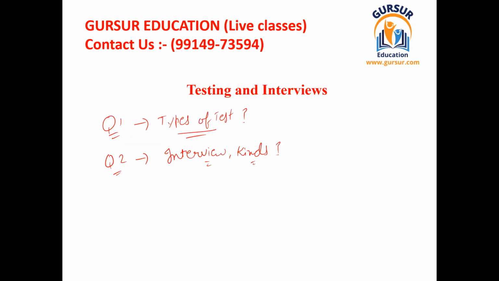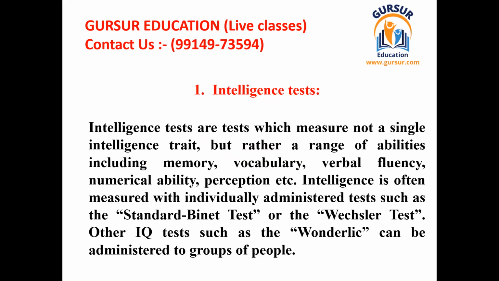First of all, we shall find the answer to the first question: different types of tests. I shall tell you about around 10 types of tests. The first one is the intelligence test. This measures not a single intelligence trait, but everything in all, like your memory, your vocabulary, your verbal fluency, your numerical ability, and your perception as well.